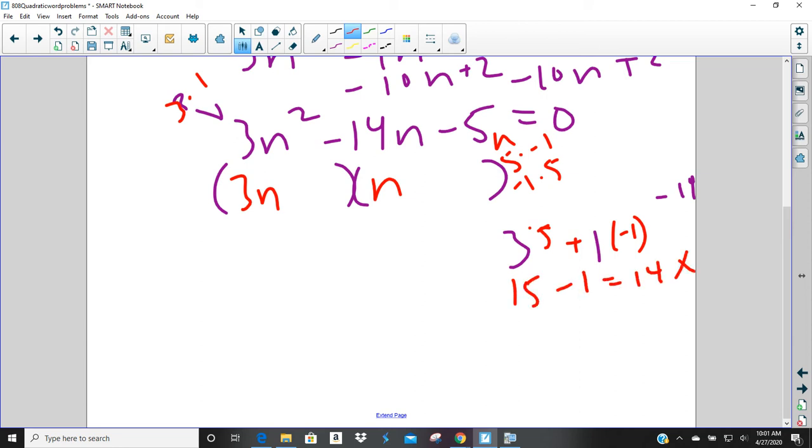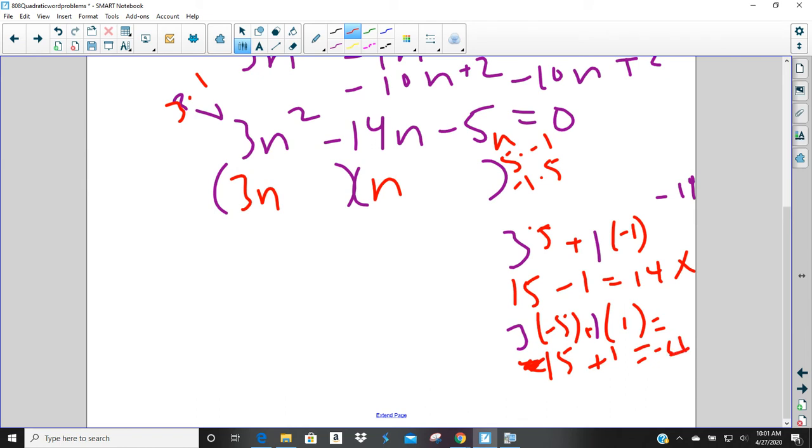So to flip-flop, instead of having a positive 5, I'm going to have a -5. So now let me try that. I'm going to do 3 times -5 plus 1 times 1, and that's going to give me -15 plus 1, which is -14.